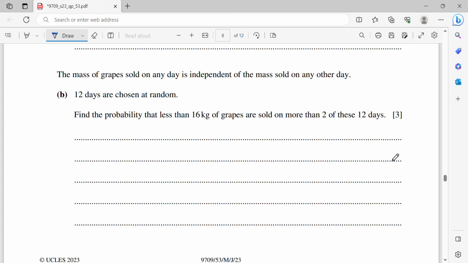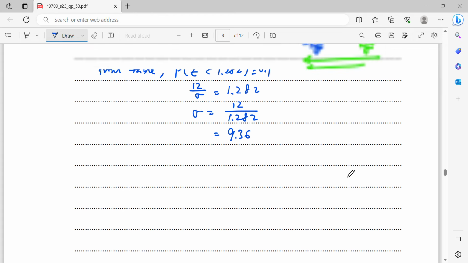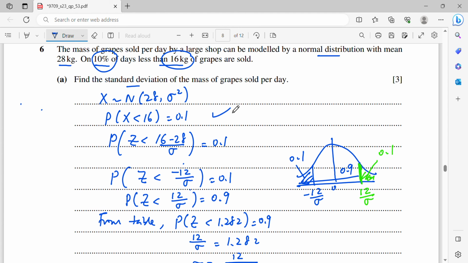Okay, now the mass of grapes sold on any day is independent of the mass sold on any other day. 12 days are chosen at random. Find the probability that less than 16 kg of grapes are sold on more than 2 of these 12 days. Alright, so now less than 16 kg, the probability is given in the previous question, which is 0.1.